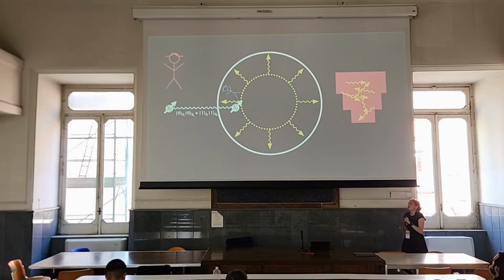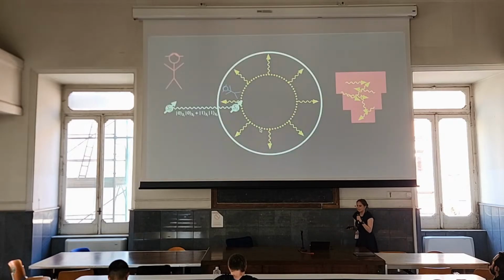And then what does he want to do? He waits some time, and in this thought experiment he waits until the Page time. If you don't know what this is, for the purpose of this experiment, Bob models the black hole as a finite-dimensional quantum system, and he will wait until the dimension of the Hilbert space he associated to the black hole is only half as much as it was when it started.